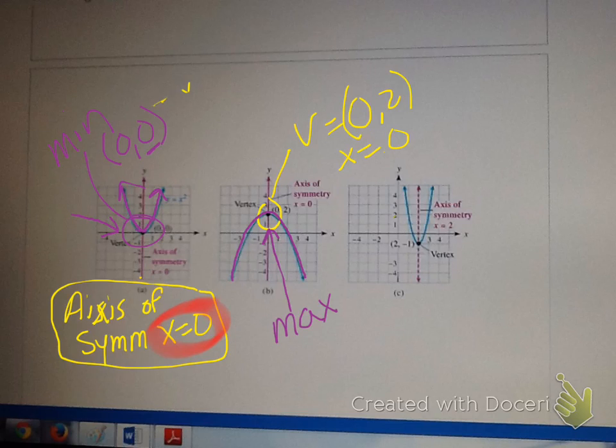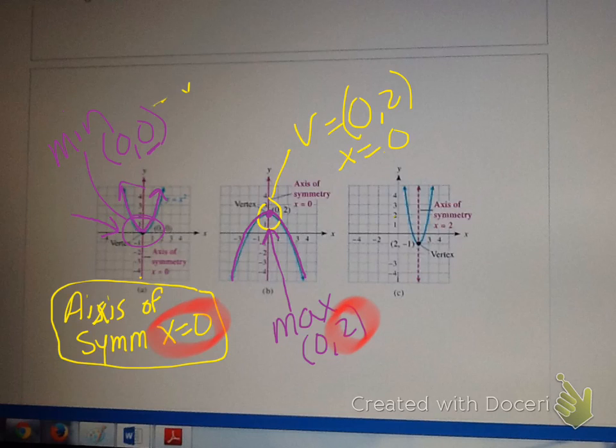It's kind of opposite of what you think, because it's facing down, but yet you think, oh, minimum, but it's a maximum, because if it faces down, the highest point it reaches is right there at 0, 2. So its max is where the y is 2.